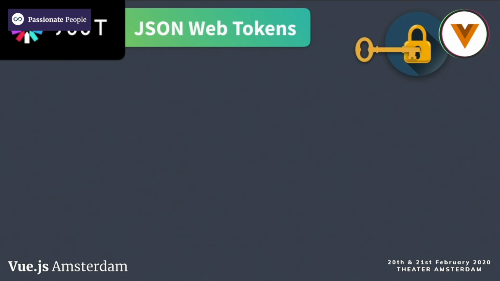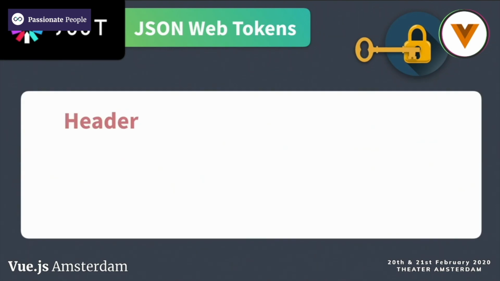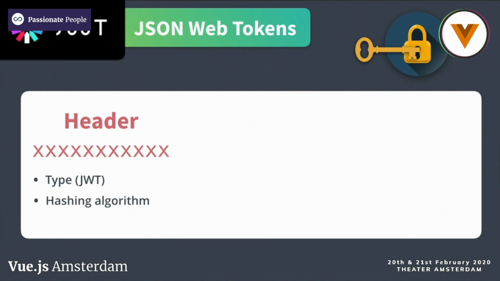And a JWT consists of three parts. First, it is the header, which tells you what type the token is. In this case, it's going to be JWT, and then includes the hashing algorithm being used. And then secondly is the payload.